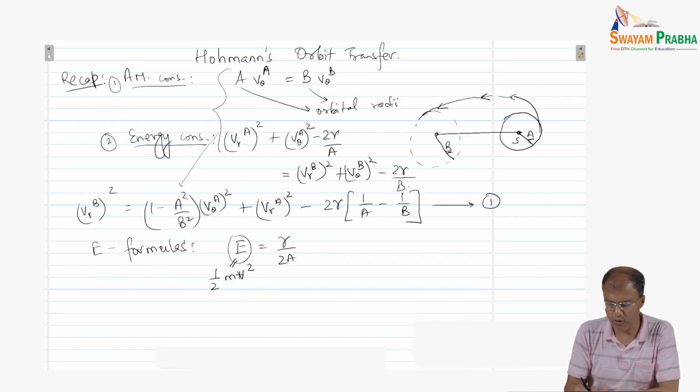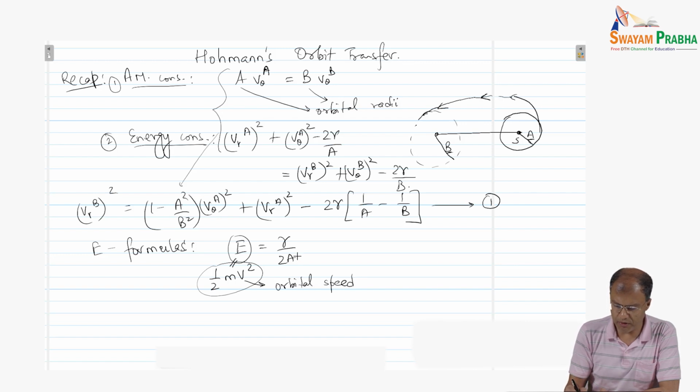This is the total energy of the system. So V is my orbital speed here, and I can plug this information into V theta.